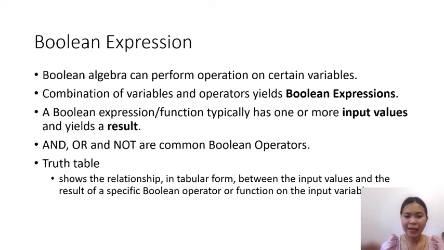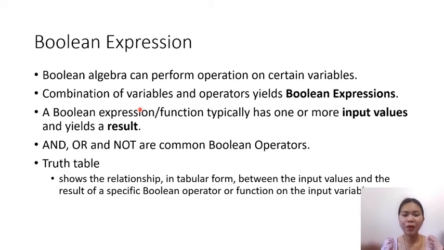Boolean algebra can perform operations on certain variables. When we're talking about Boolean algebra, it's more into operations and calculations, right? So, a combination of variables and operators yields a Boolean expression.